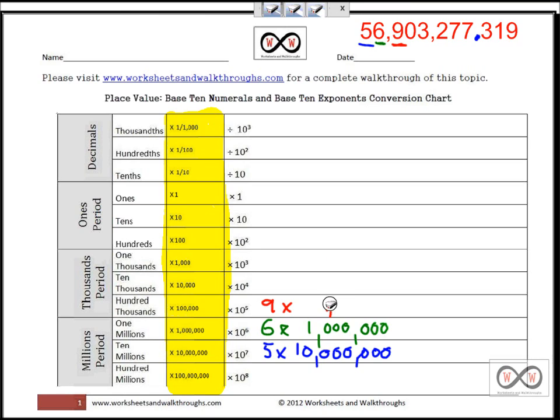All right, so we're going to, like I said, multiply that digit 9 in the hundred thousands place times 100,000. So you can think of it as 5 times 10 million plus 6 times 1 million plus 9 times 100,000.